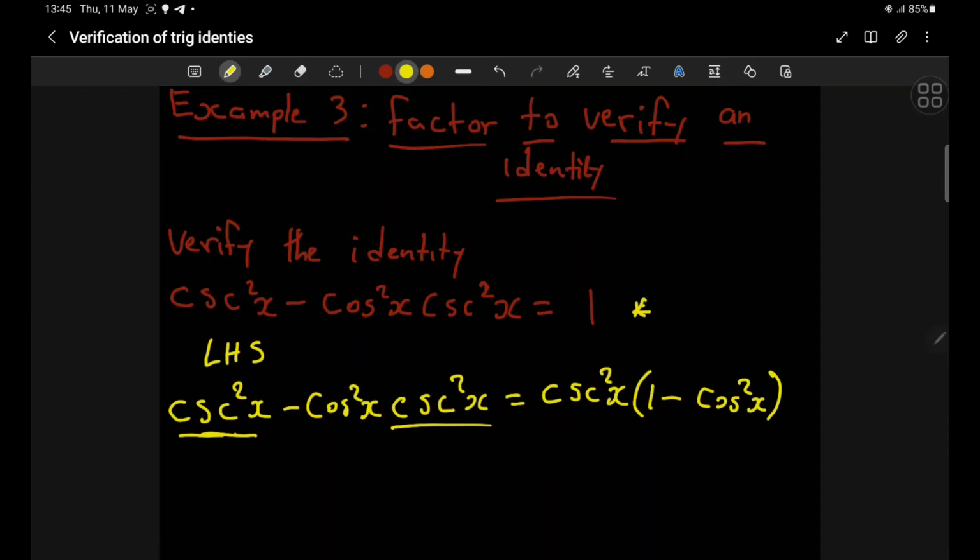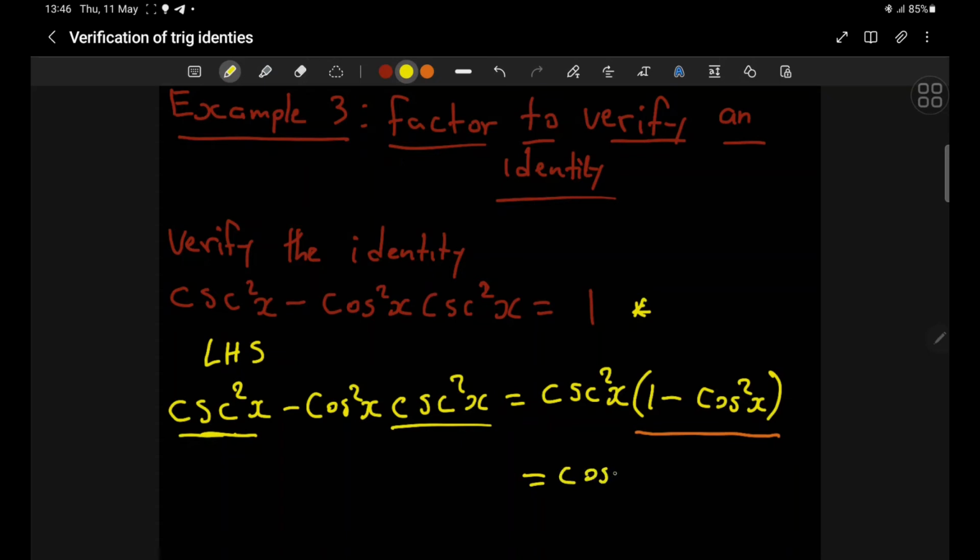So what could we do next here? Your knowledge of the Pythagorean identity should come to apply when you reach this stage. This is a Pythagorean identity, and that is equal to sine squared x.